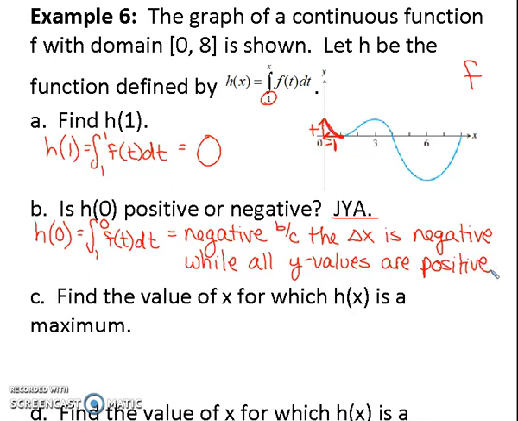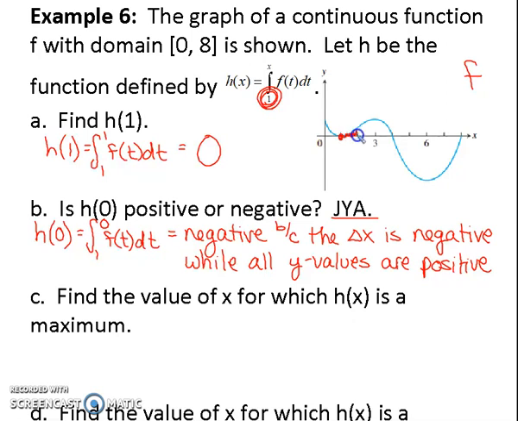All right, then we have C. Find the value of x for which h of x is a maximum. So h of x is essentially the accumulation of area starting at x equals 1, because they told me to, and going to wherever. So a maximum would be where I have accumulated the most positive area I possibly can. Well, obviously going backwards, we've already figured out that that's going to be a negative amount of area.